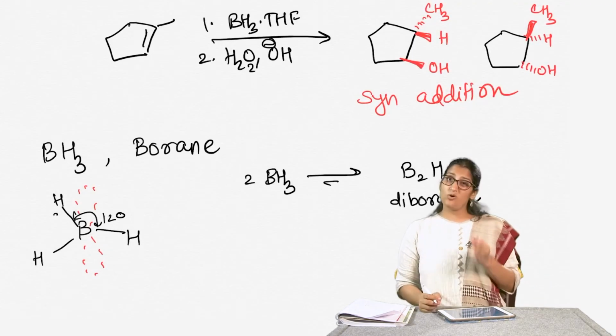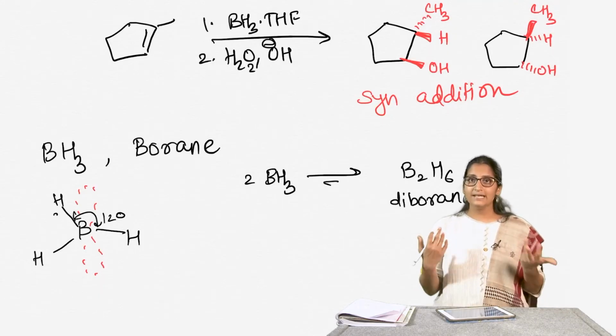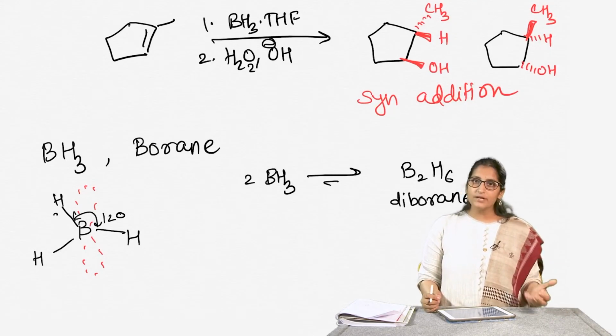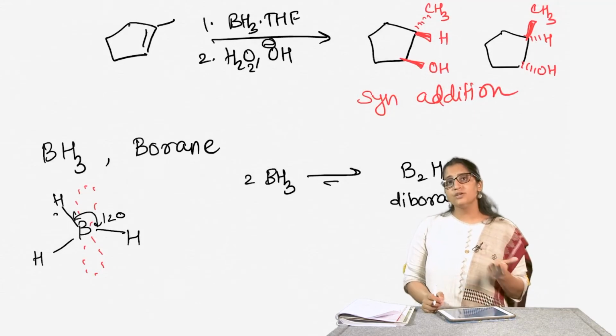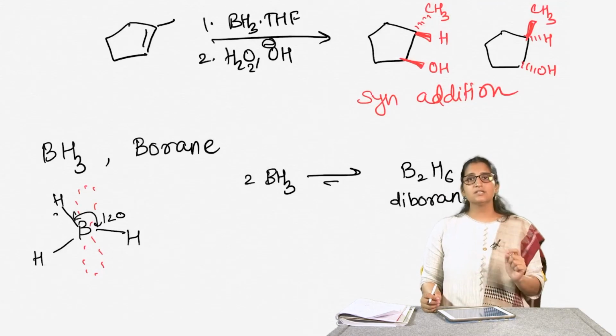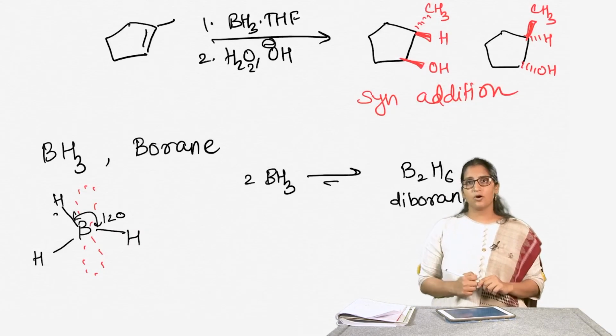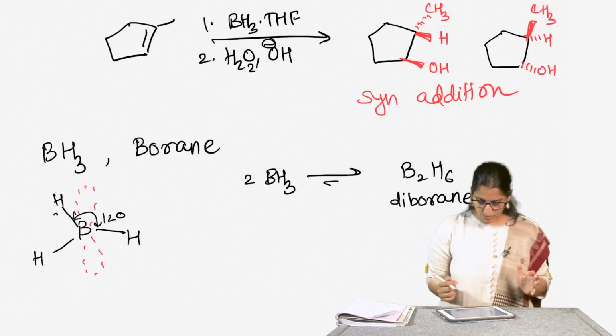But diborane is also not very stable. So, when exposed to air, it is highly unstable and it is also very toxic. So, we cannot use diborane just like this. In fact, what we use is we mix diborane with any ether such that it forms a diborane and ether complex. This is a Lewis acid Lewis base kind of complex that is going to form.